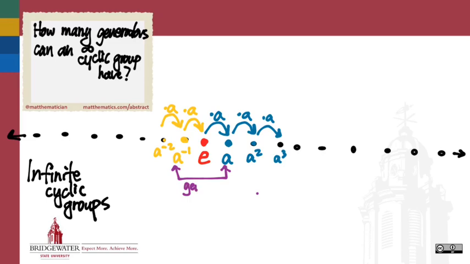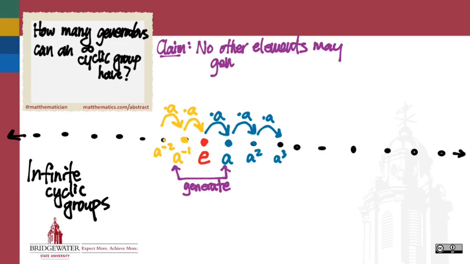Either one of these will generate the whole group. But can any other element of this group generate the whole cyclic group? Let's work on a quick proof of the negative. So, claim: that there are no other elements that may generate an infinite cyclic group.